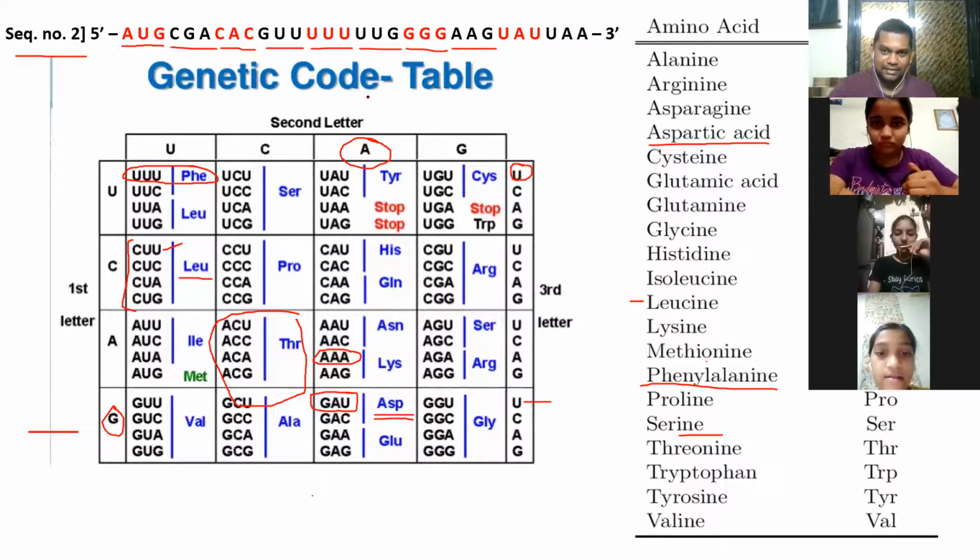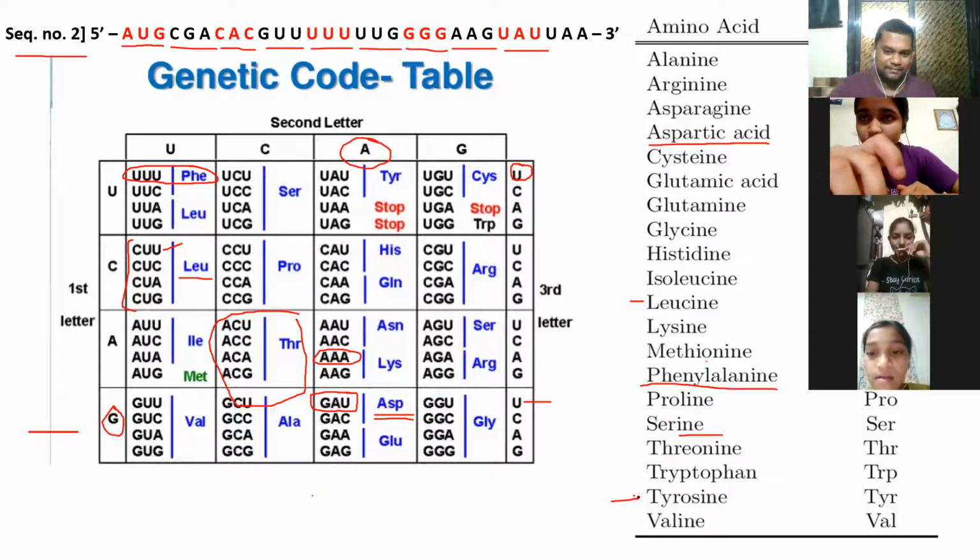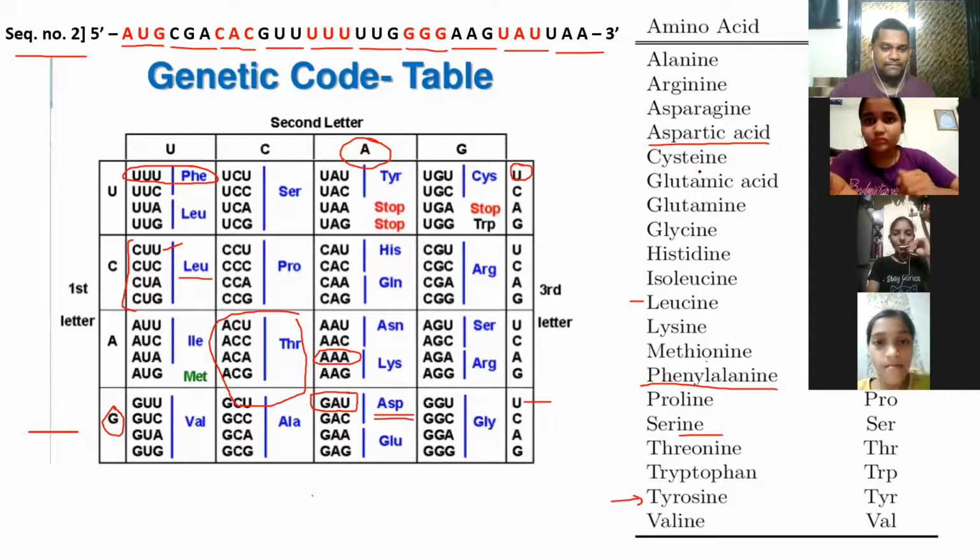Lysine. Very good. UAU. Tyrosine. Okay, good. And the last one. Stop codon. You just write stop.